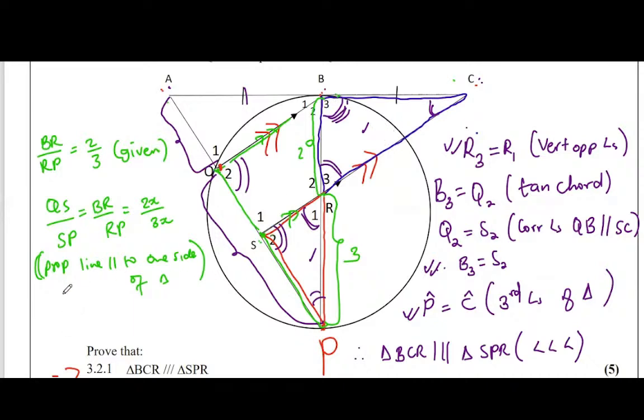So let me jot it down here: AQ over QS, or SQ, should be the same as someone getting AB divided by BC.